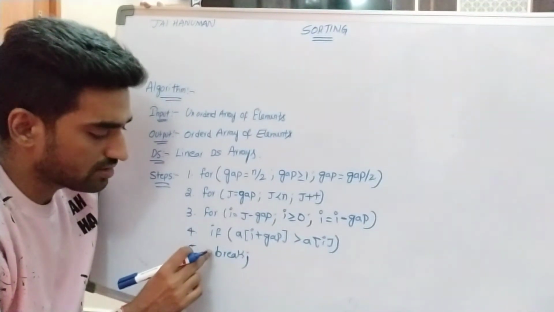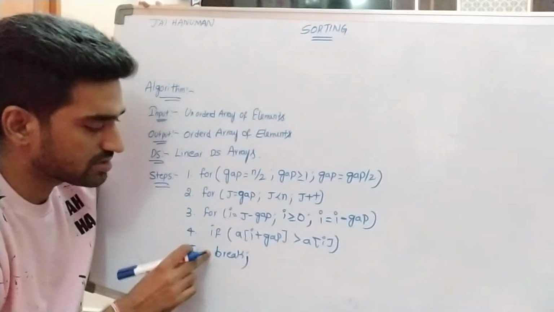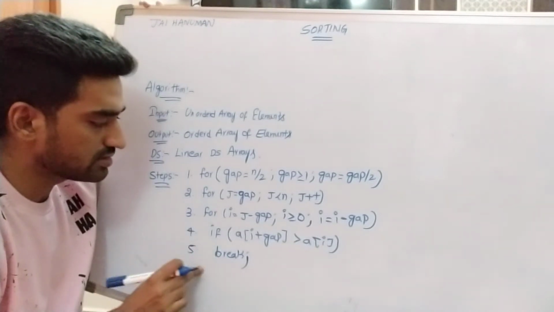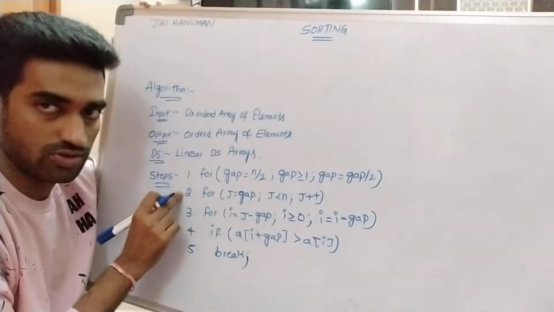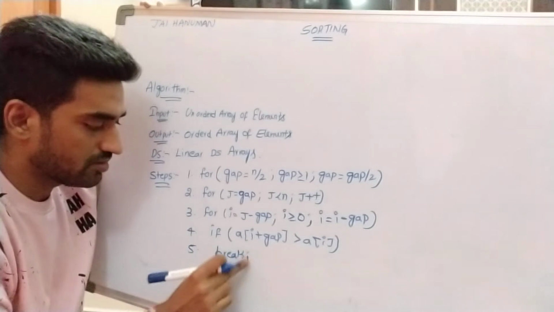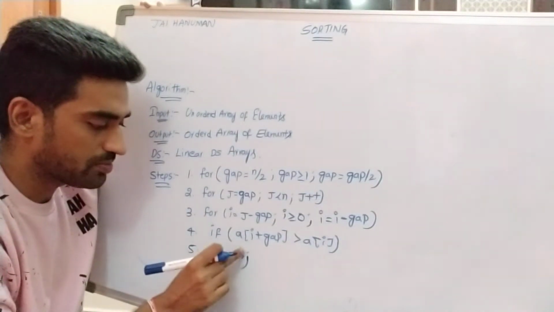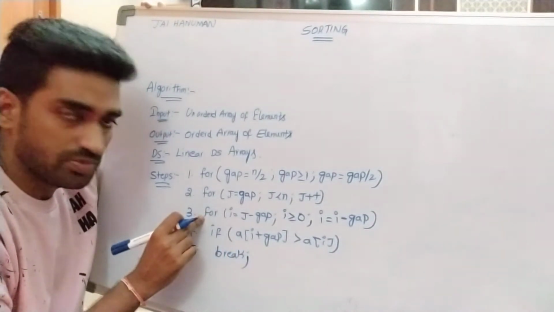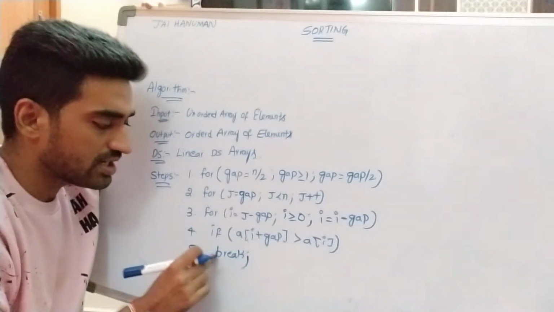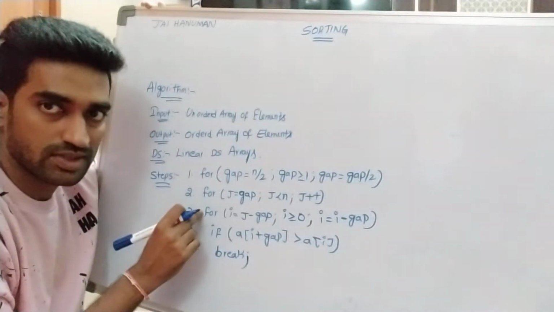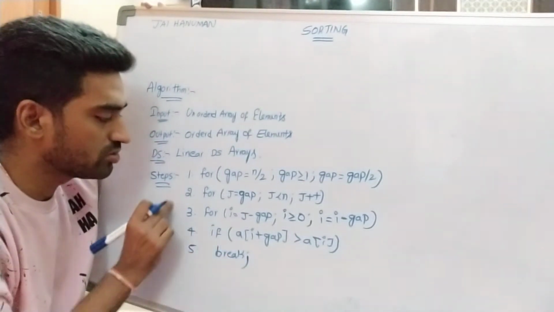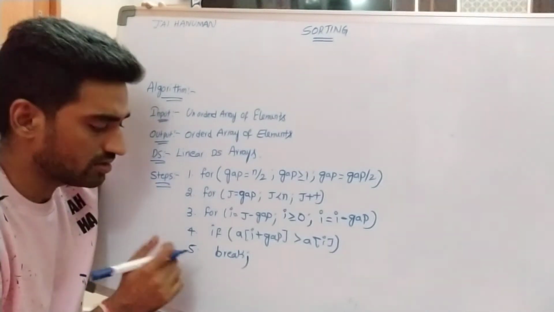Then the control immediately terminates this loop and enters the outer loop. Once we place break in a loop, it immediately terminates the loop, then the control is moved to the outer loop.